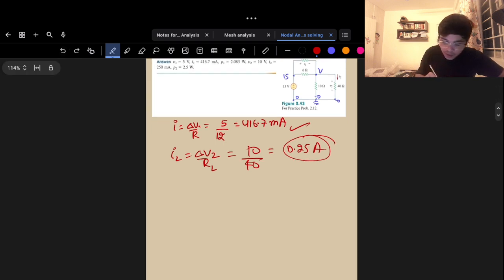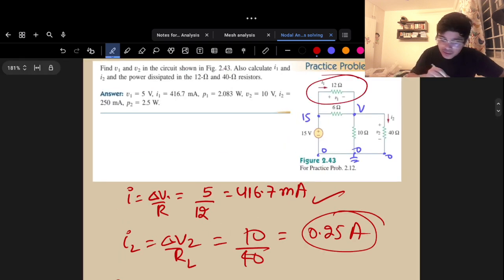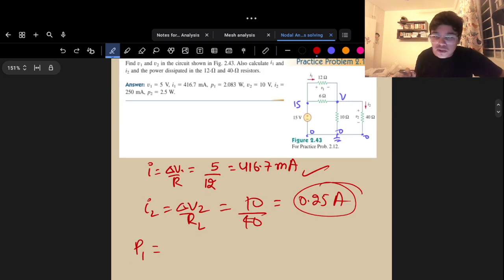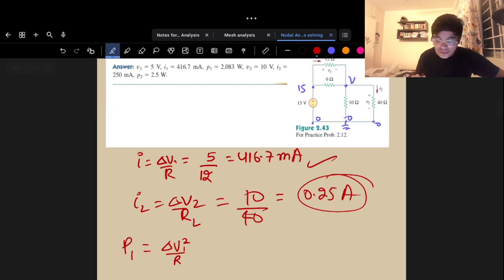Now, the power P1 is equal to, P1 refers to this power, right? And power absorbed by this particular resistor will be delta V square by R. I'm going through this a little fast because I assume this is a very basic concept that you might already know. If you don't, just practice some of these problems and you will quickly get it in no time.